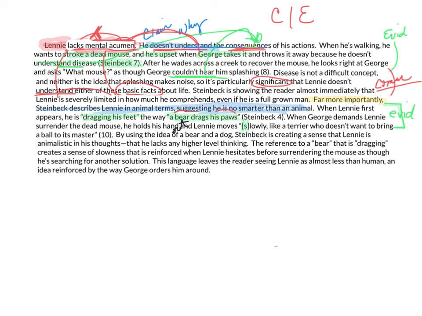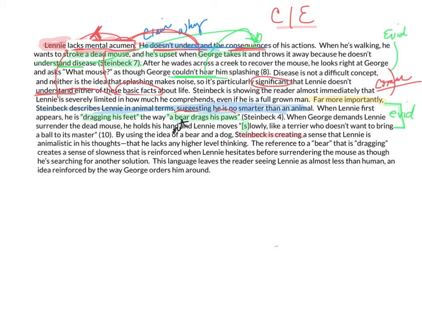But if we take a look at this commentary, we can take a look at what makes good cause and effect. By using the idea of a bear and a dog, Steinbeck is creating a sense that Lenny is animalistic in his thoughts. You need to be looking at exactly what the author is doing.